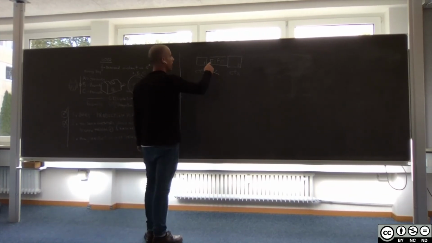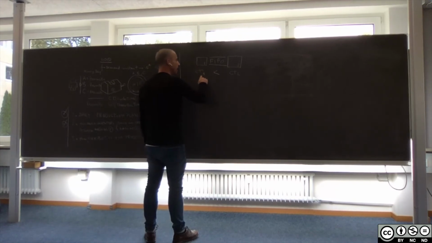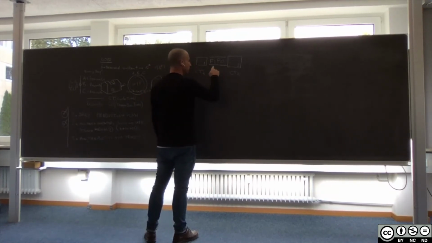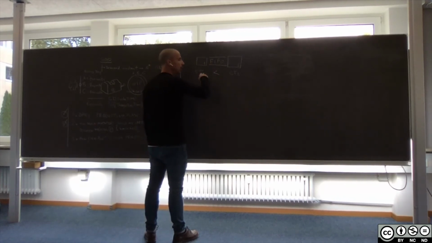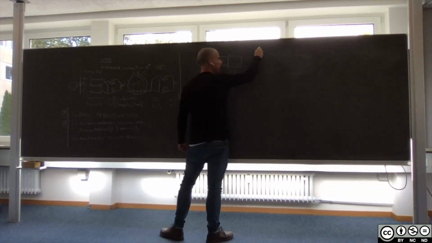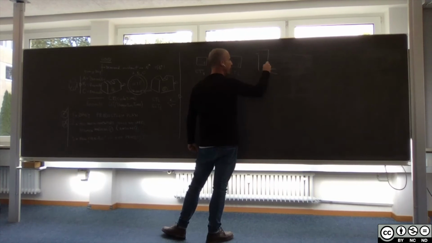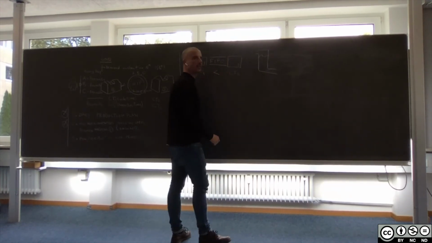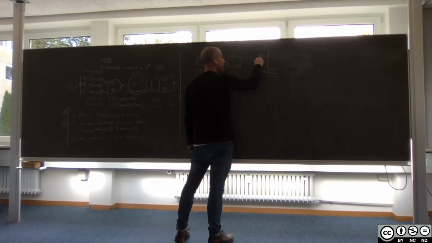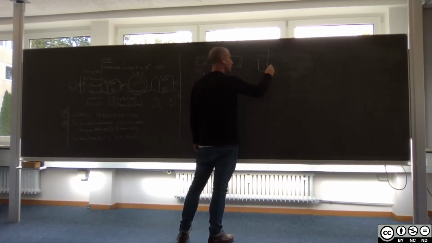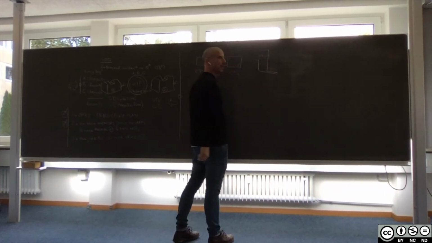So if cycle time 1 is smaller than cycle time 2, it means that machine 1 is faster. So it fills faster, which means that we never run out of water in our tank. So it's full, because here we have a huge intake and here a super small output.